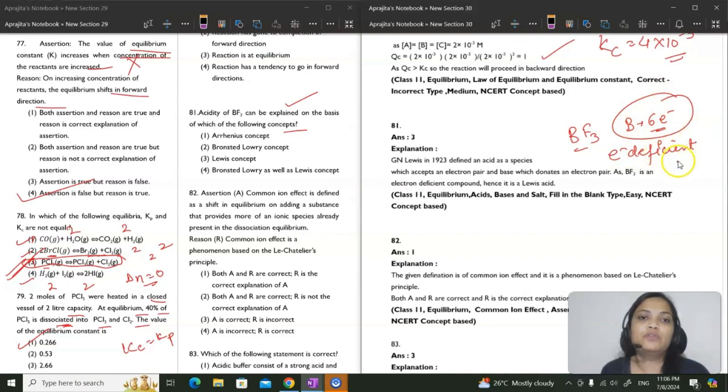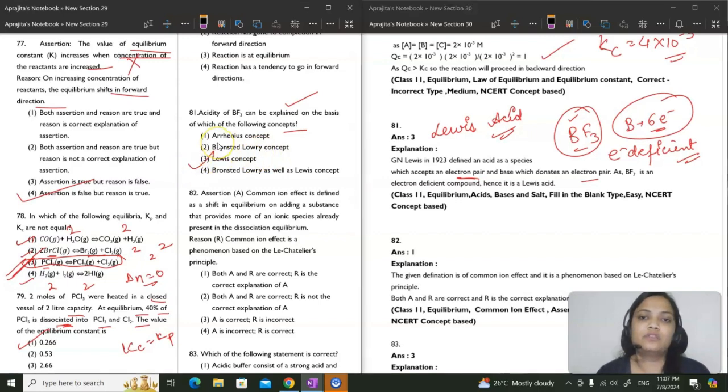So according to Lewis acid base concept, the species which accepts an electron pair are known as acids. Okay, so this BF3 is actually having 6 electrons around the central atom. So it can accept electron pair. So it will be behaving as a Lewis acid. Okay, so it means the answer is option number 3.